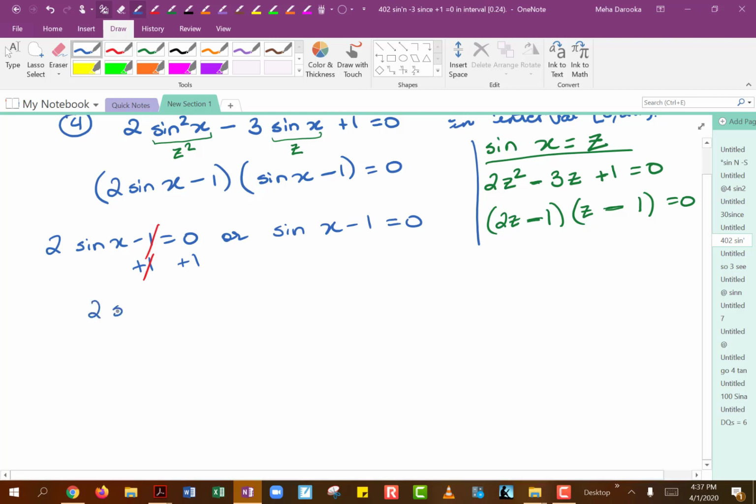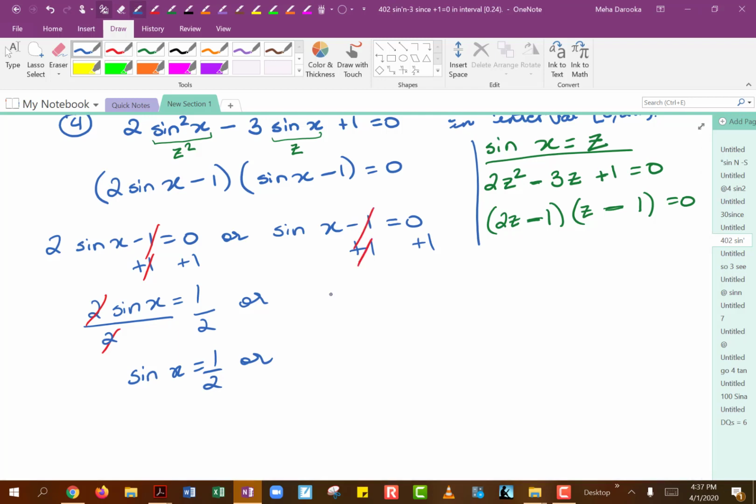That gives us 2 sine of x equals 1, and then divide everything by 2, which will give you sine of x equals 1/2. Or on this side, we'll go ahead and add this 1, which will end up giving us sine of x equals 1.